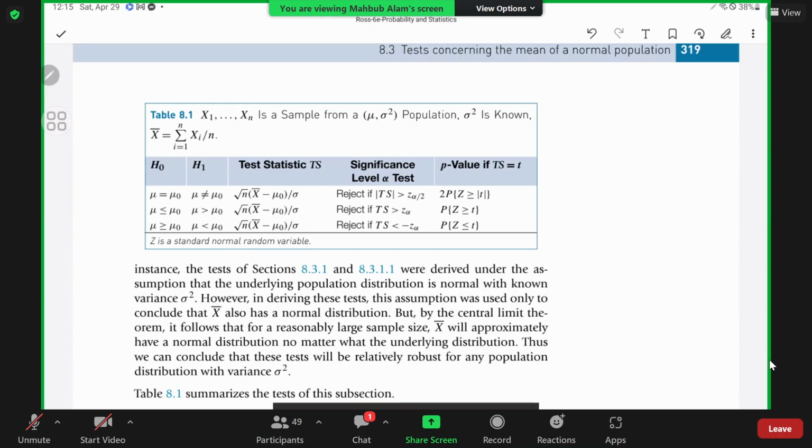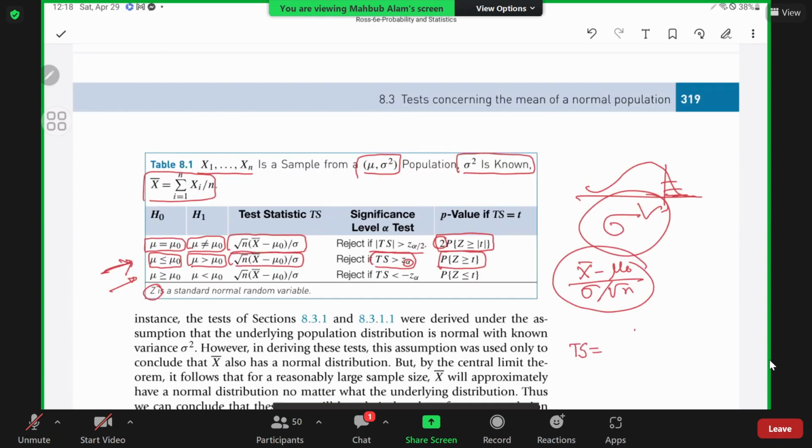Someone at the beginning asked what happens if sigma square is not given. Then we cannot apply the formula x bar minus mu naught divided by sigma over square root of n. Instead, we define the test statistic as x bar minus mu naught divided by s over square root of n.